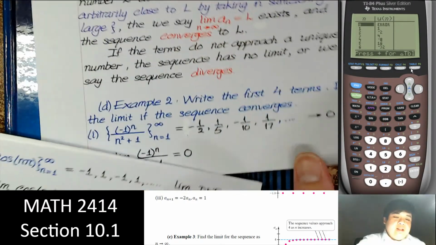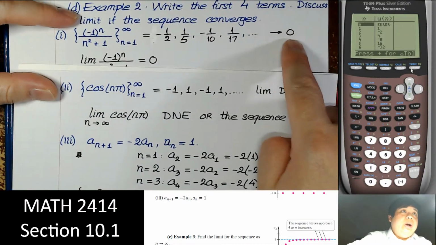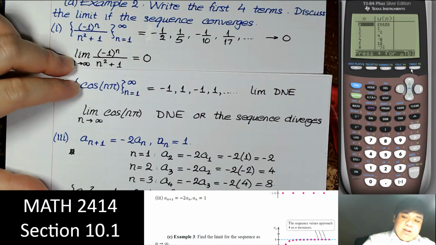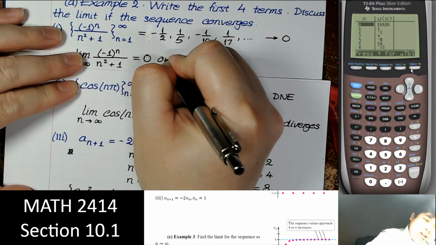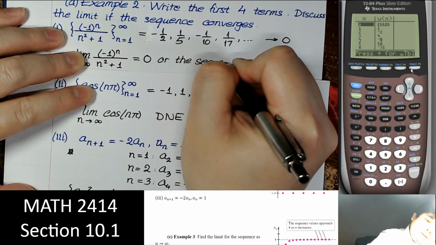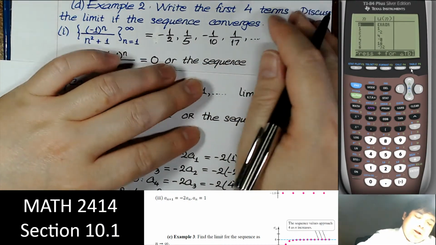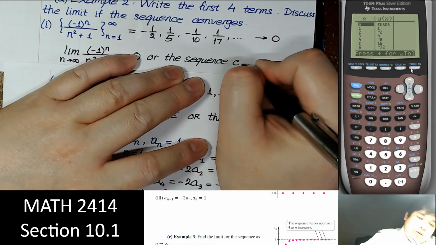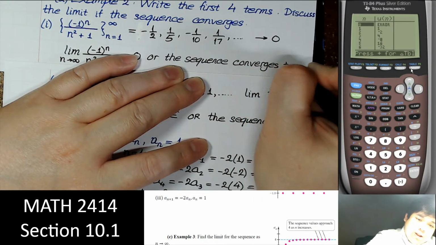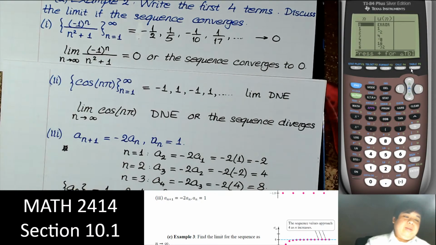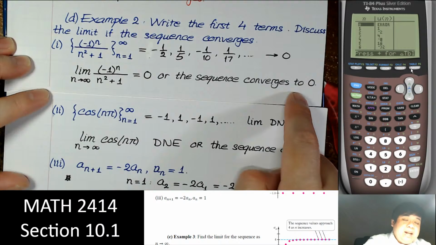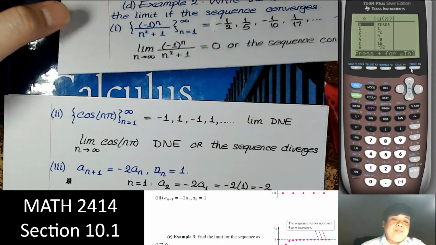So we have three cases. If the limit goes to a number, then we say the sequence is convergent, or the sequence converges to, sorry, converges to 0. Right. So if the limit exists and equals a number, then the sequence converges to that number.